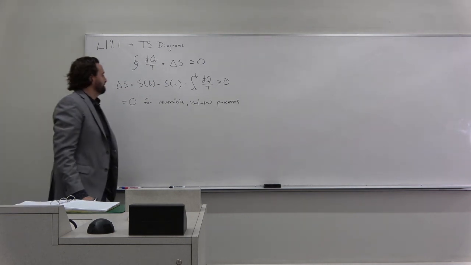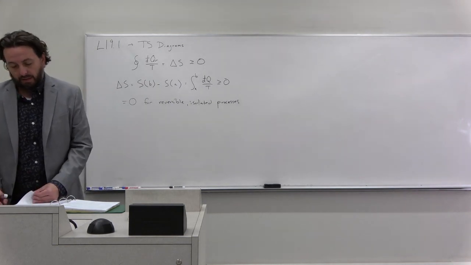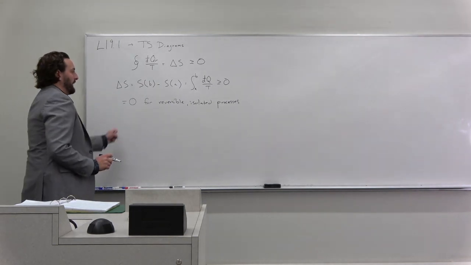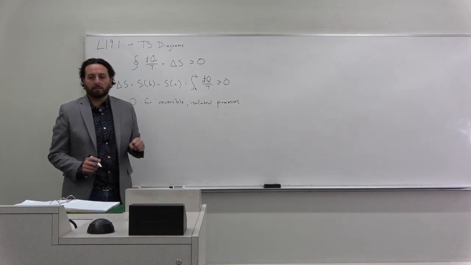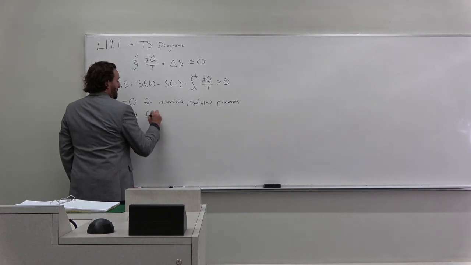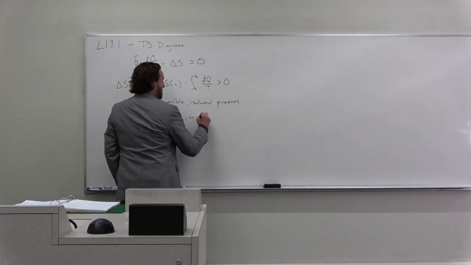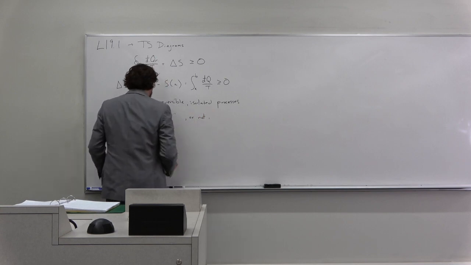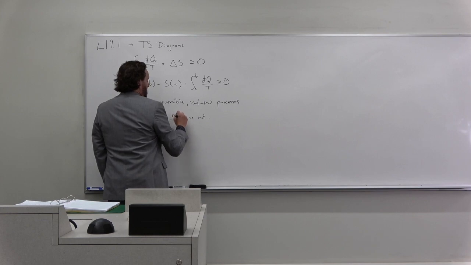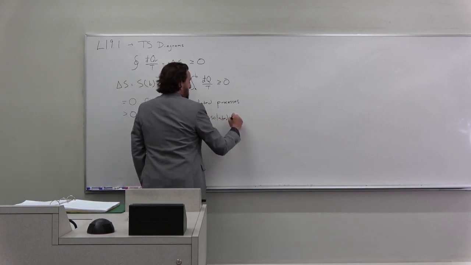So if the system is not reversible or not isolated, the entropy is greater than 0. It's greater than 0 for not reversible or not isolated processes.